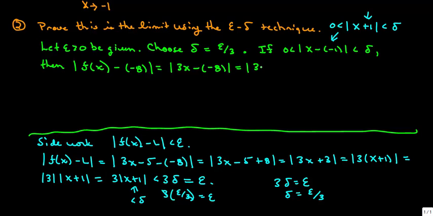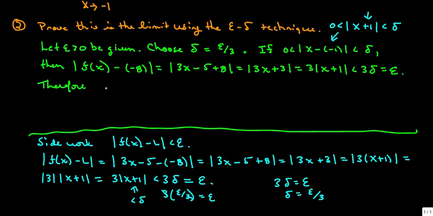So this is going to be 3x, oops, so let me say, therefore, f of x minus L is less than epsilon. Notice that f of x minus L is this right here, and it's less than epsilon.